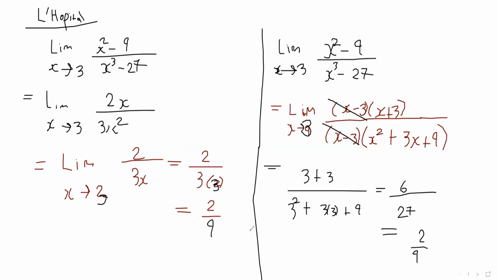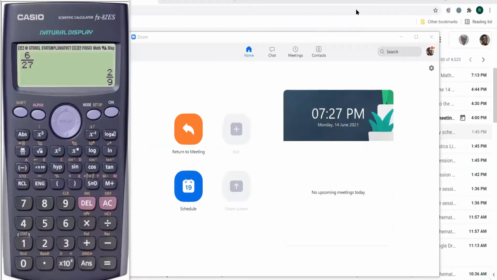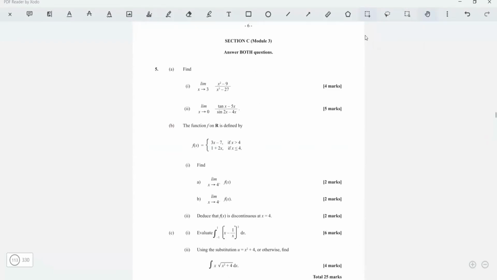That's why I like to do it the two ways in the exam, to show the same answer. So that's part 1, we get 2 over 9.